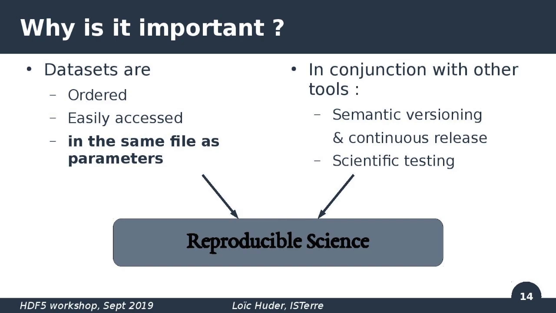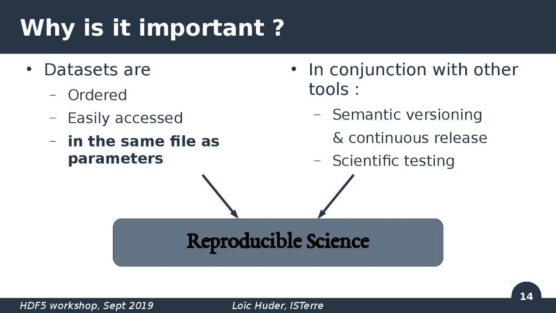Well, when you have datasets that are ordered, easily accessed, and in the same file as the parameters, this gives you an invaluable tool for reproducible science, because in the same place, in the same file, you have your datasets and the parameters associated with them.